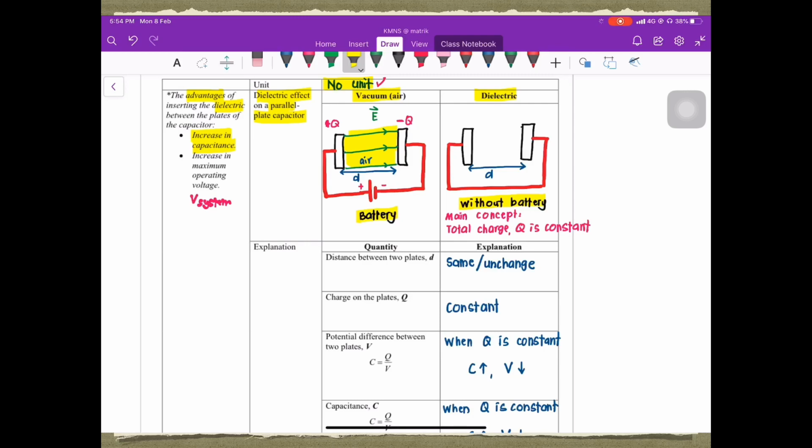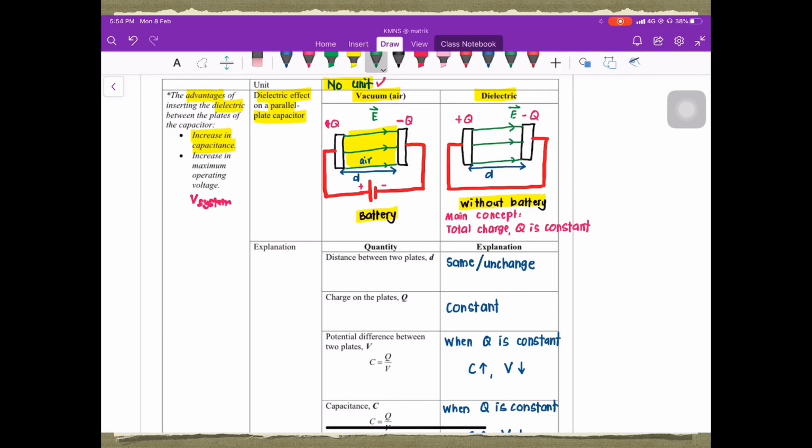The same charge here remains accumulated. So now we still have the electric field E here.